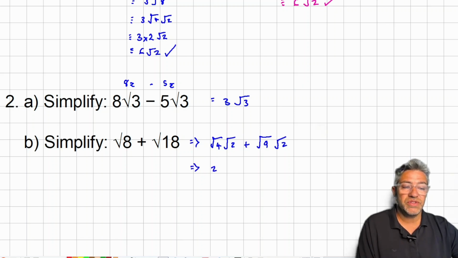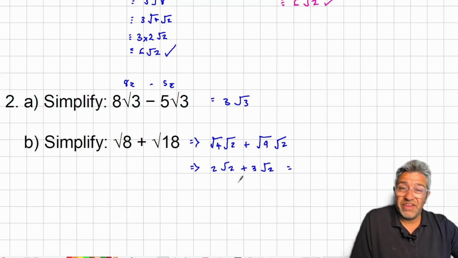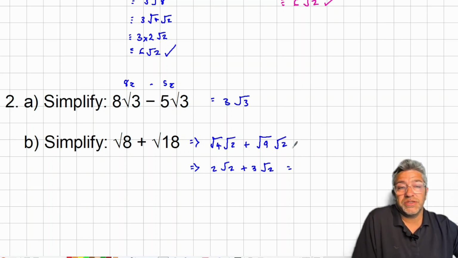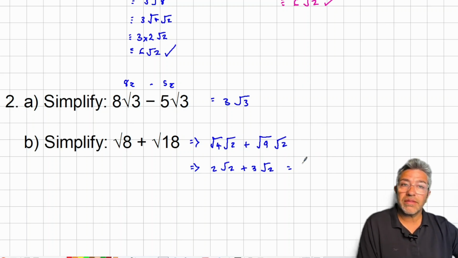So that will give us 2 root 2 plus 3 root 2. Now I can do it quite easily. Think of it as 2x, add 3x if you wish. But 2 root 2 add 3 root 2 is 5 root 2.